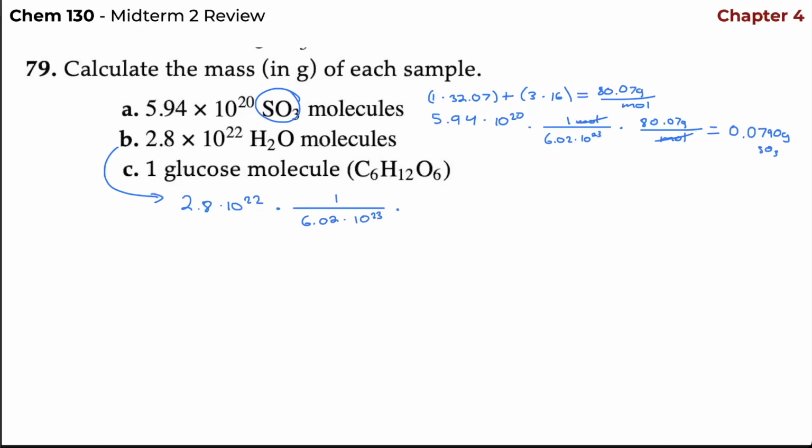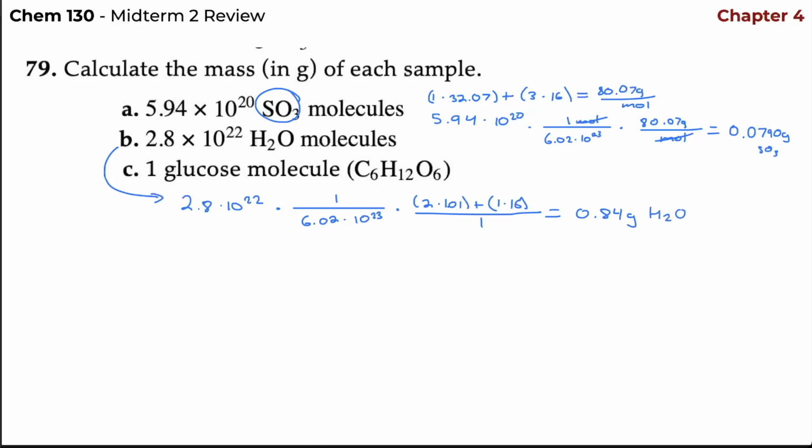And then we multiply this by the molar mass of water, which is 2 hydrogens times 1.01, and then plus 1 oxygen times 16, and then over 1, right? We do all the math. It's 0.84 grams of H2O.